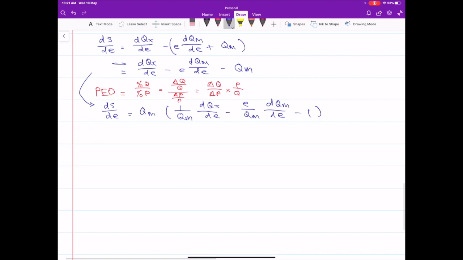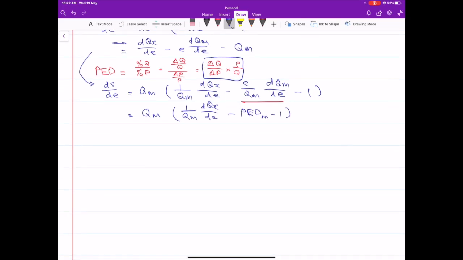Now can you see this term over here just corresponds to PED of M, because del Q over del P times P over Q, which is the reciprocal without the delta, will just be the price elasticity of demand. So now that we've gotten this, we can rewrite it as QM times 1 over QM dQX over dE minus PEDM minus 1.